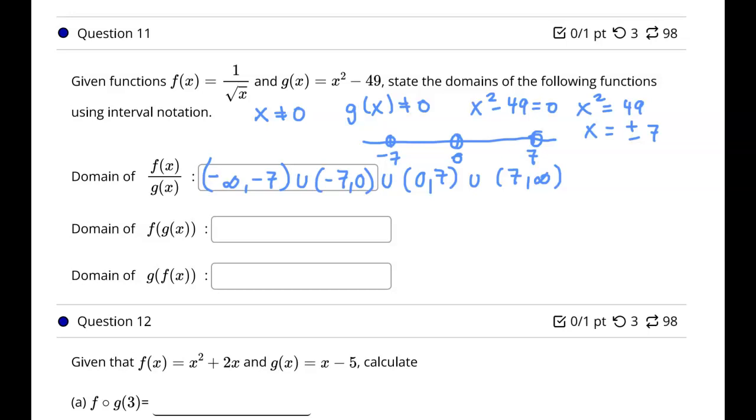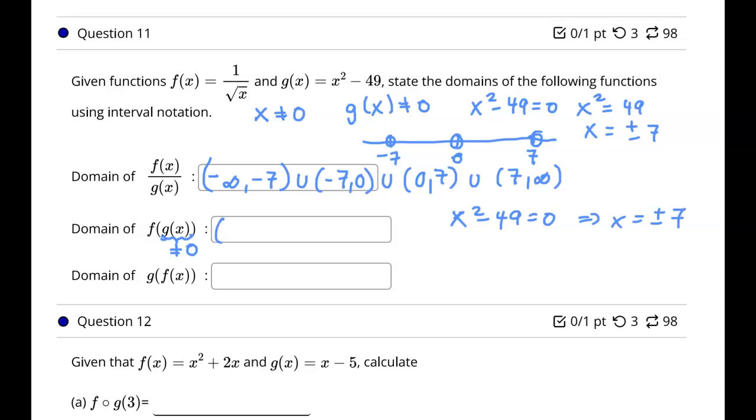Alternatively, if we first apply g of x, then apply f of x, g of x has no excluded values, but again, we cannot divide by 0, and therefore f of x has an excluded value of 0. So g of x cannot be equal to 0, which again gives us x squared minus 49 equal to 0 when x is equal to plus or minus 7.